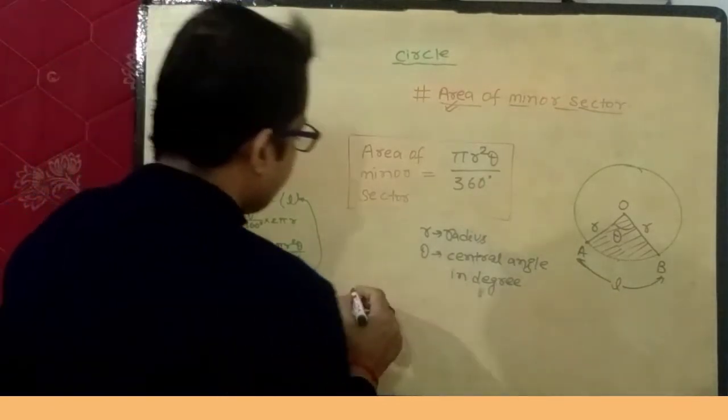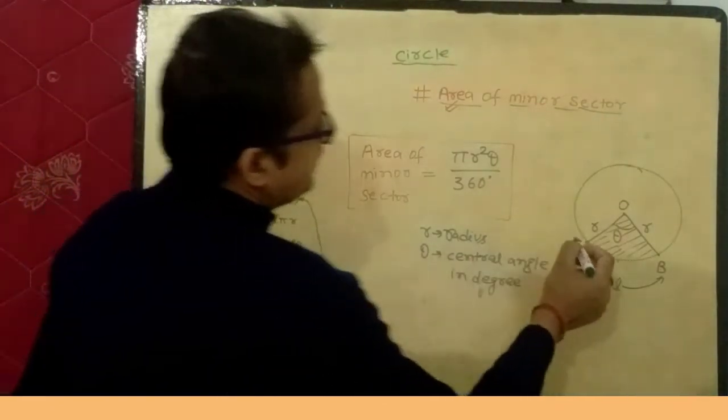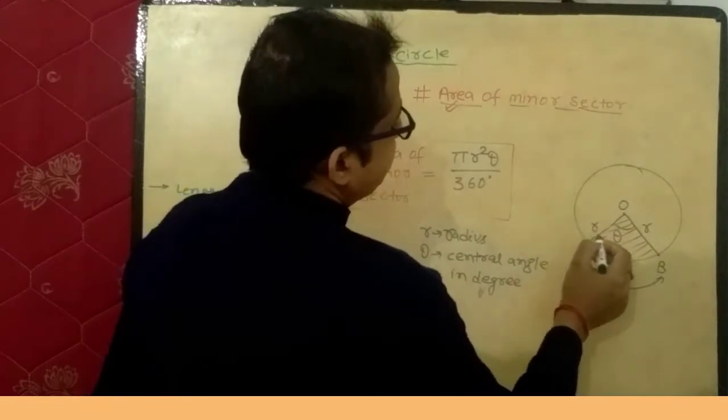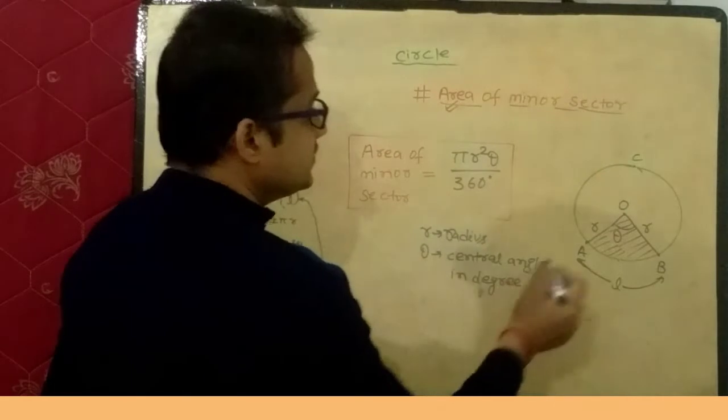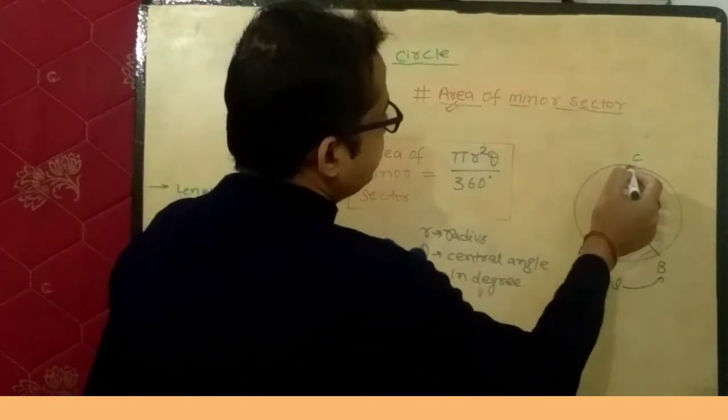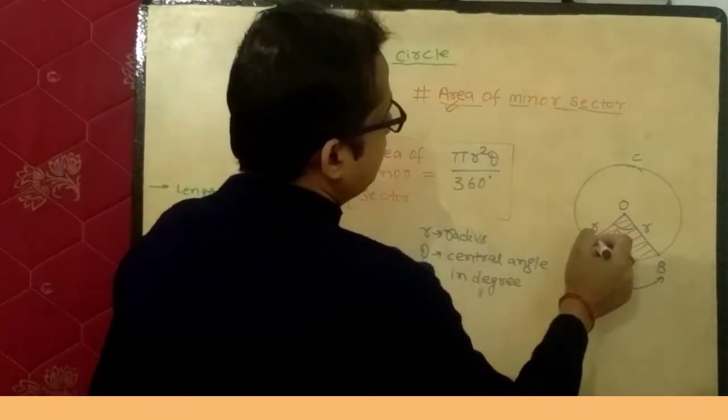Now if you have to find out the area of the major sector, then this portion, let us consider this point is C. So ACBOA.